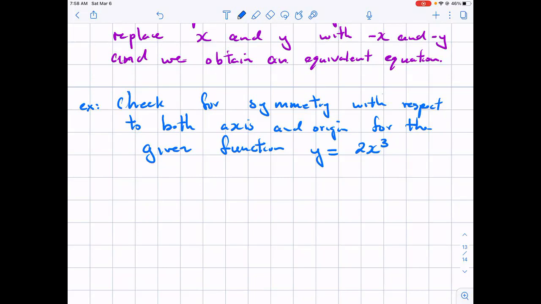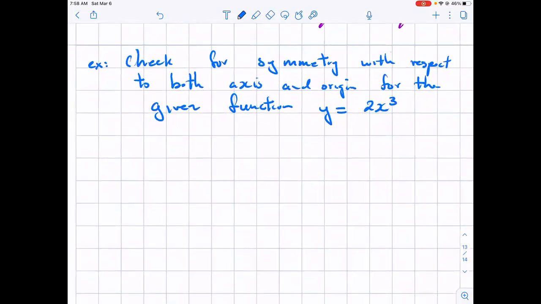Generally, I don't have to say check for symmetry with respect to both axes and the origin. Generally, we just say check for symmetry. That's all.